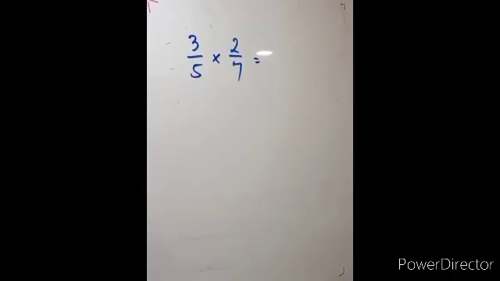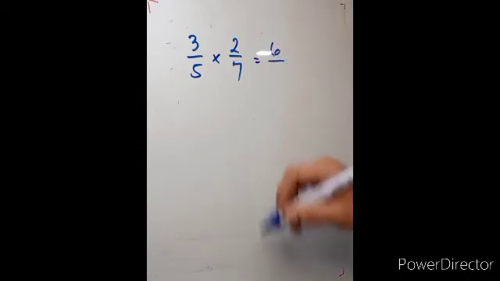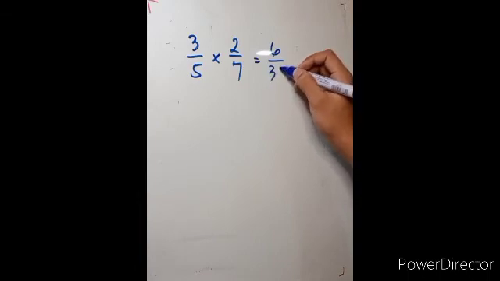Next, how about if we are given a multiplication? All we have to do for multiplication is to multiply numerator by numerator and denominator by denominator. So we have here 3 over 5 times 2 over 7. We are going to multiply 3 by 2 and 5 by 7. So 3 times 2 is equal to 6 and 5 times 7 is equal to 35.